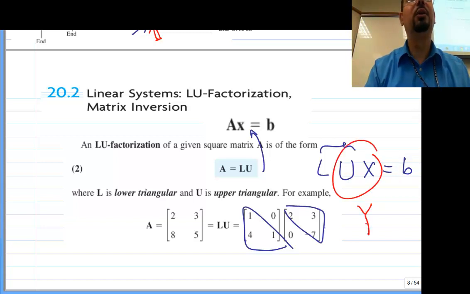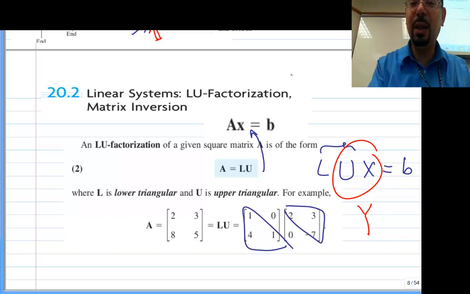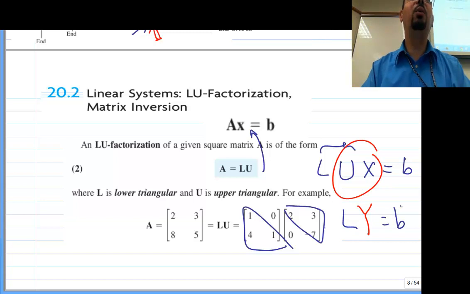You turn this into y. You call this y. I don't know x, so of course I don't know y. Y is U times x. So if I don't know x, then I don't know y, right? But look what happened now. By calling this y, now Ly equals b. Can you do back substitution in this?